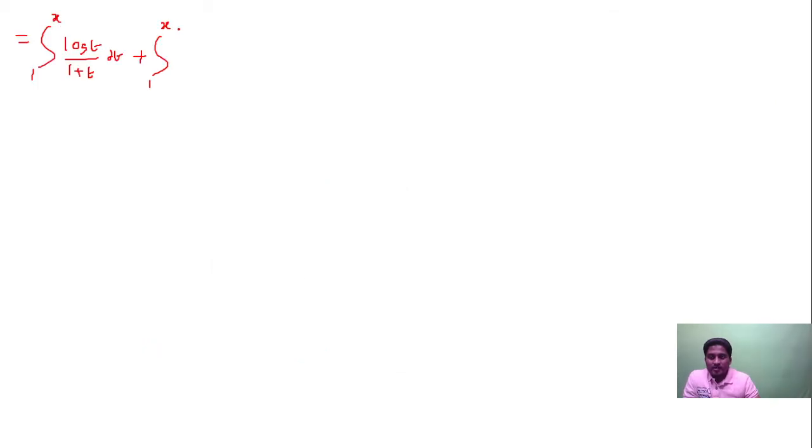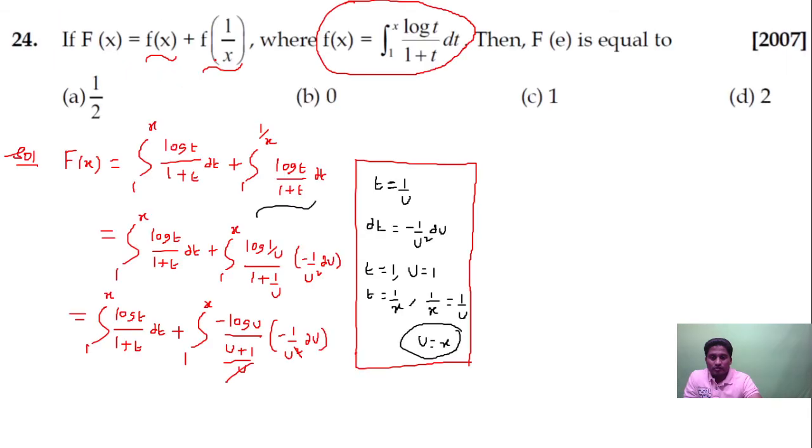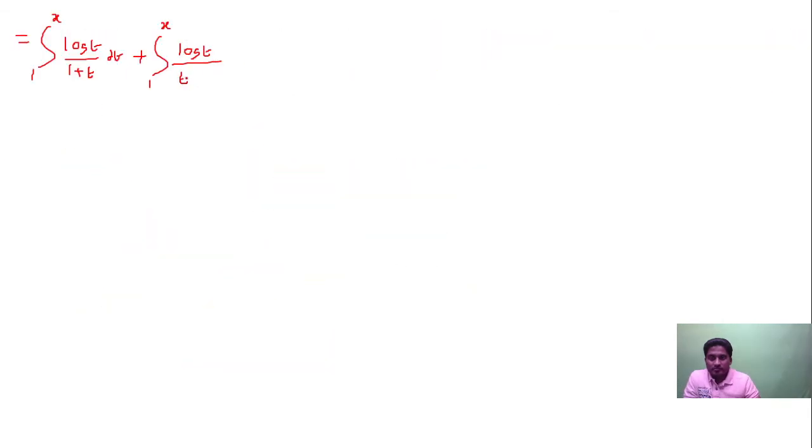A definite integral is independent of the variable, so I can write this as log t upon, here you have u into u plus 1, so this is t into t plus 1, and then this is dt. Now you have log t upon 1 plus t, plus log t upon t into t plus 1, close the bracket, and then dt. Now integration of 1 to x.